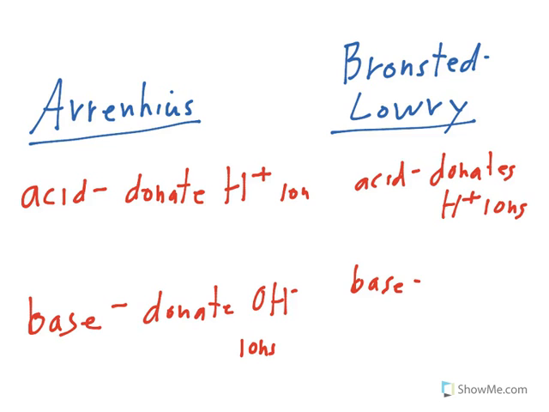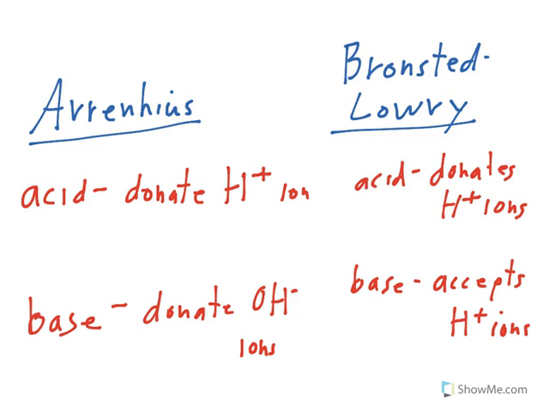A Bronsted-Lowry base is one that accepts H plus ions. So notice, the Bronsted-Lowry definition of an acid and the Arrhenius definition of an acid are basically the exact same thing, but where they differ is their definitions of base.